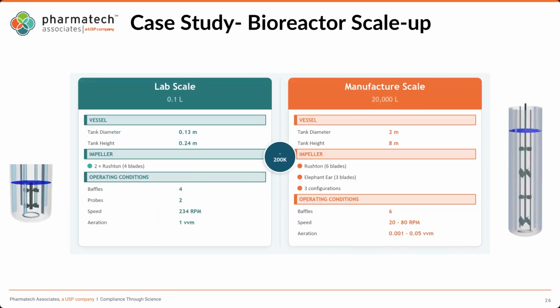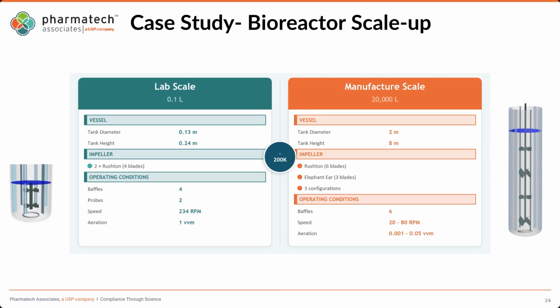Next, yeah. In this case study, we had a scale up from a very small reactor, 0.1 liter reactor, to 20,000 liter. The large reactor at the manufacturing scale existed, so we didn't want to have any capital cost to buy a new reactor or new components for the reactor. But 3 different properties that we can change at no cost are optimizing the RPM of the bioreactor, the VVM, and the orientation of the mixing elements.